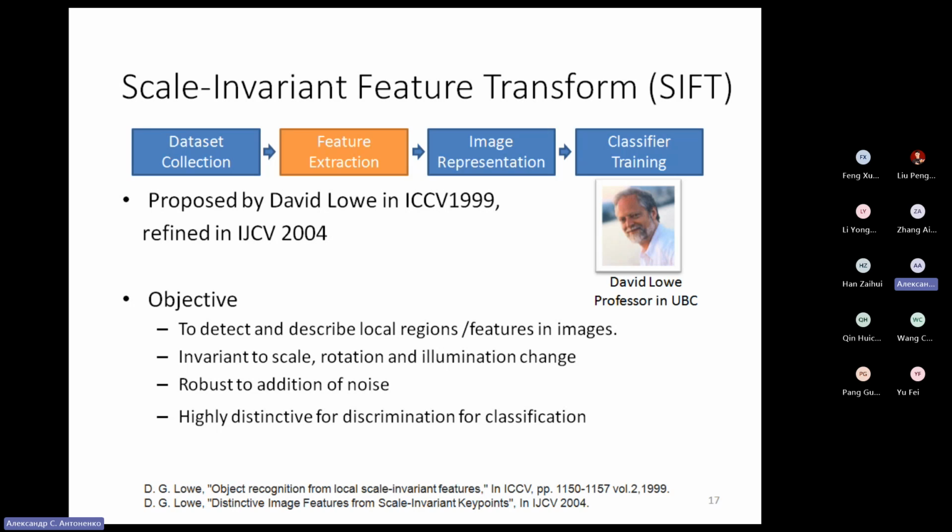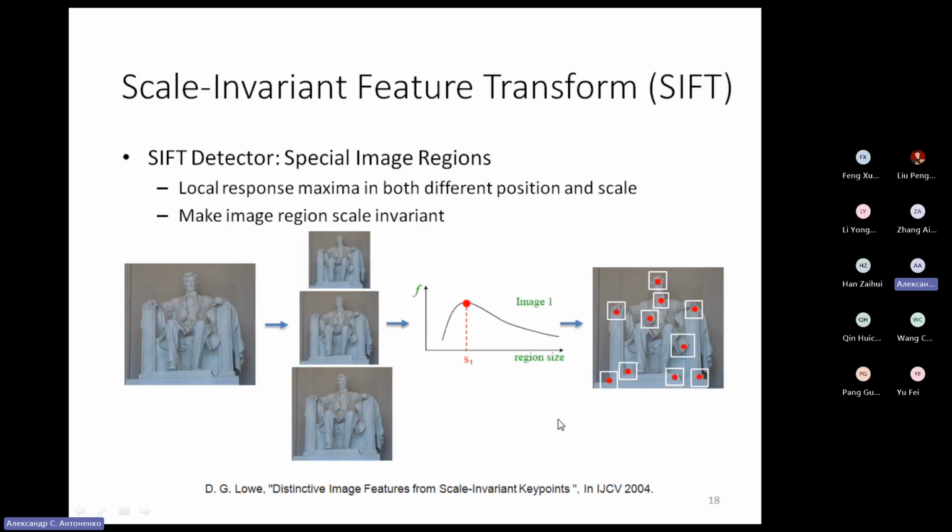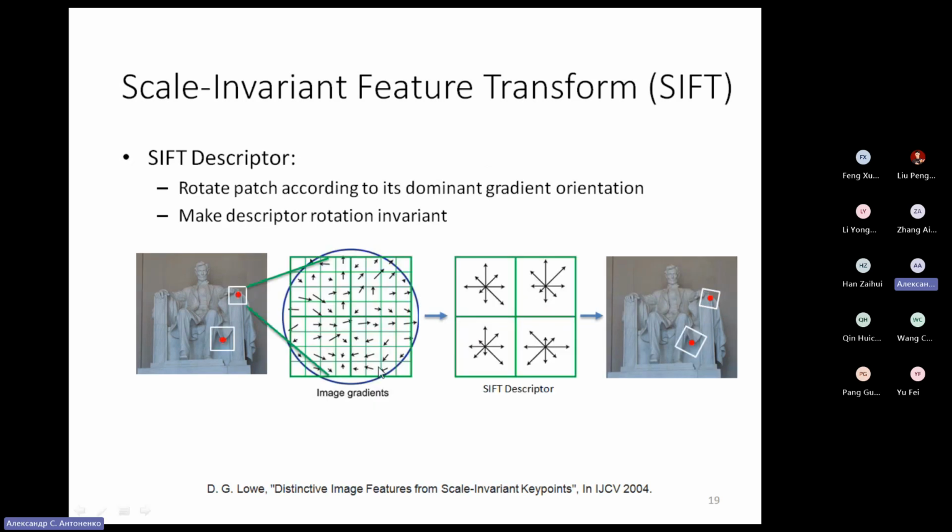They are invariant to size, rotation, and illumination change, robust to addition of noise, and highly distinctive, not only for image matching but also for classification. I remind you that some response function should be maximal, both for position and for scale. This makes it scale invariant.